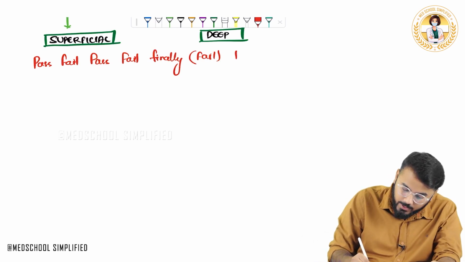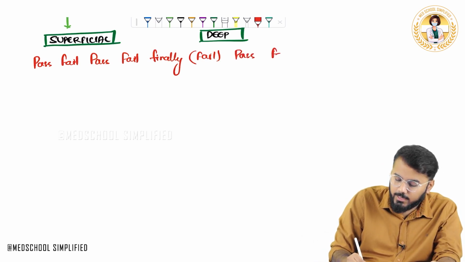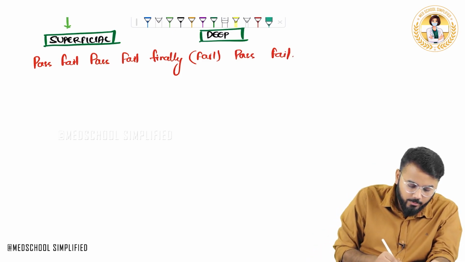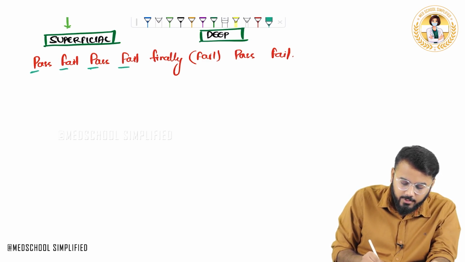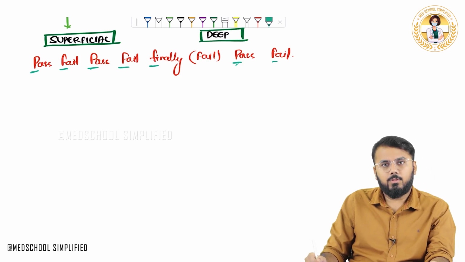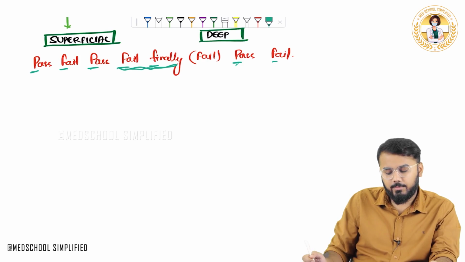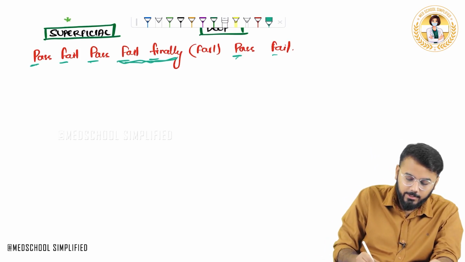After that again you pass, again you fail. This is the basic mnemonic which you need to remember, right? How many P's are there? P, F, P, F, F, P, F. The F's are very easy to remember, but anyway I will be telling you what they are.